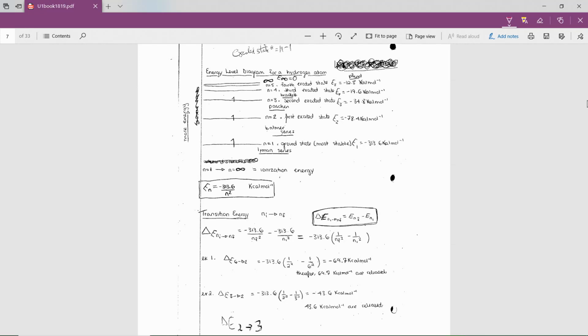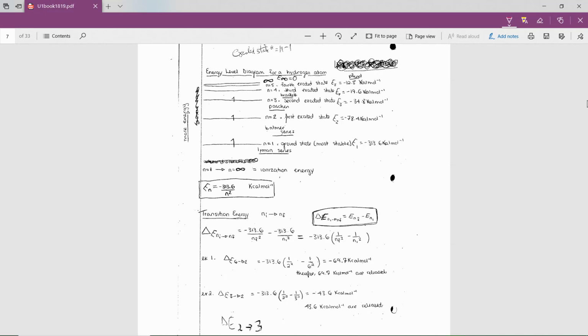So the ground state is the most negative in our definition, and I'm going to use units of kilocalories per mole. Kilocalories per mole is a unit that is sometimes used. You could have joules per atom. There are various ones, but kcals per mole is nice because the numbers are pretty comfortable for us.